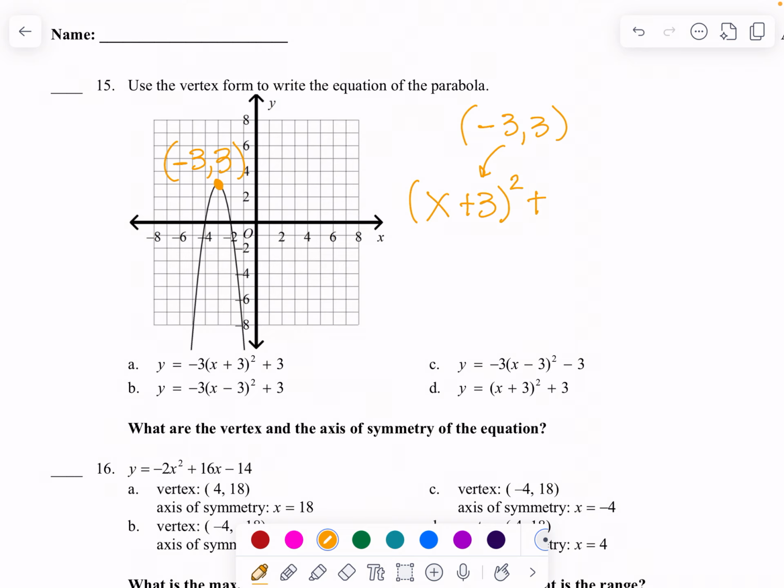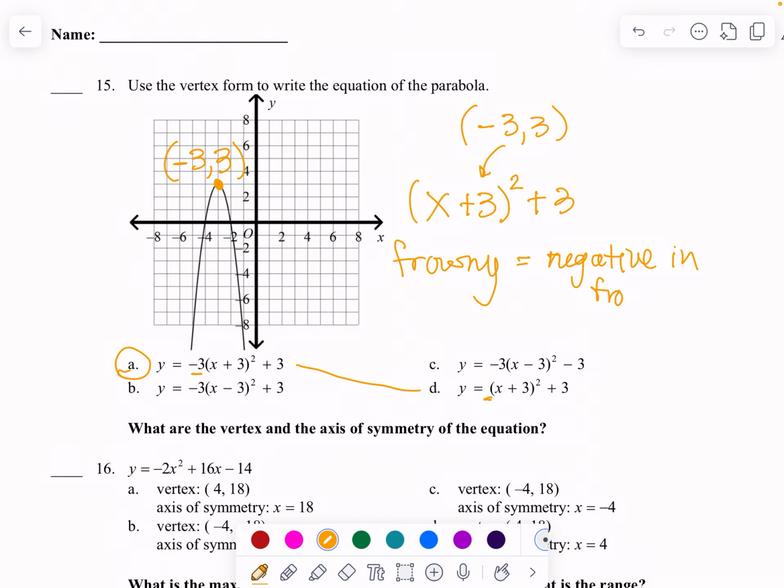And then there's probably a number in front of it, because it looks like these two are almost the same, right? So then I want to check, is it going to be the negative or is it not going to be the negative? Well, I can see because this is a frowny face, like it's a frown, then it's got to be this one. Frowny means negative in the front.